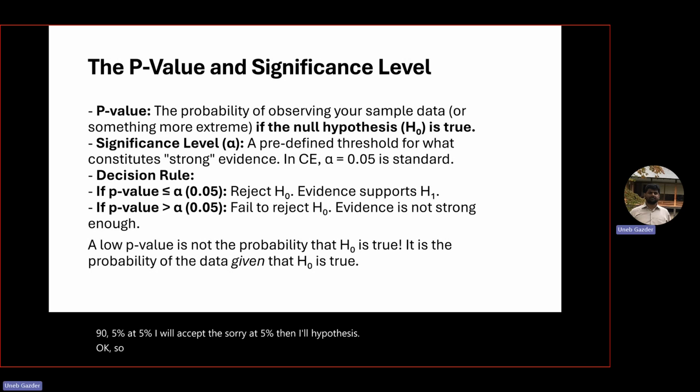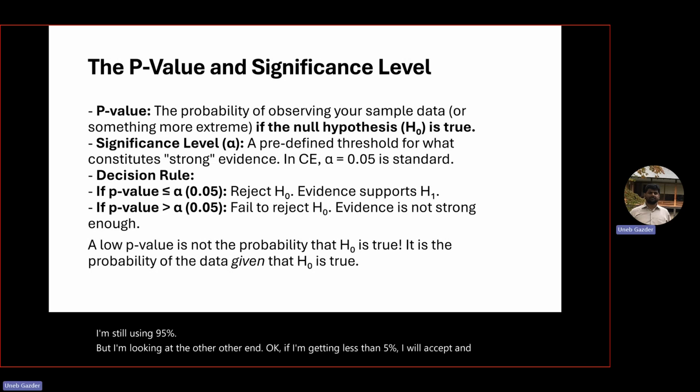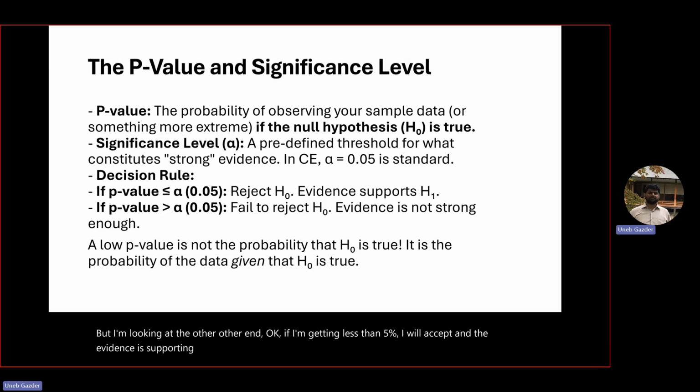That means I'm still using 95%, but I'm looking at the other end. If I'm getting less than 5%, I will reject, and the evidence is supporting the alternate hypothesis, and the other way around. So I'm looking at the other extreme.